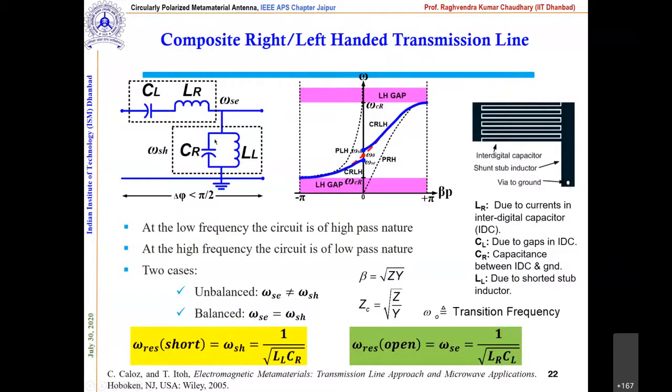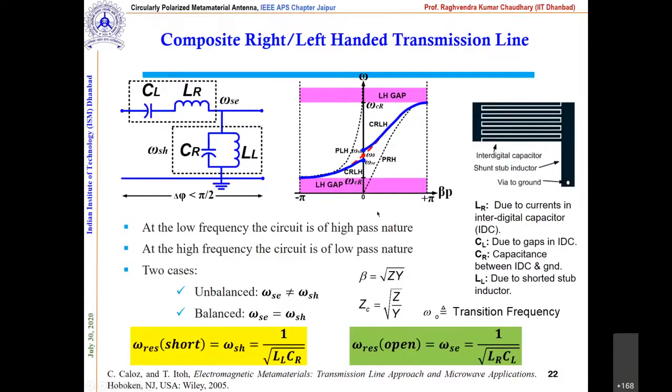So mainly the circuit is a series capacitor and a shunt inductor, correct. But as we know, at microwave frequency we cannot neglect the other effects. If the gap provides the capacitance, at the same time, because of the surface current, there must be some inductance, and you cannot neglect that inductor.